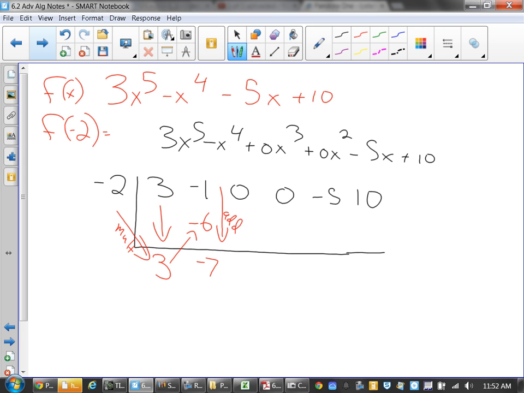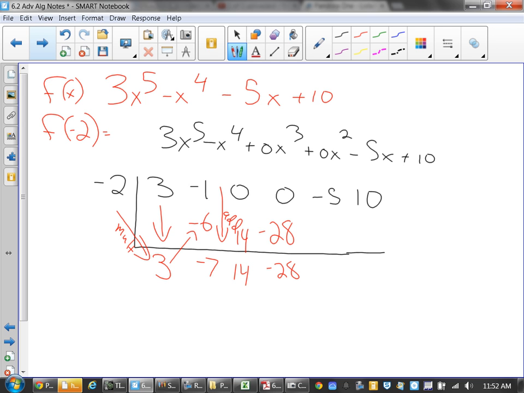What's negative 2 times negative 7? Is it positive? What's 0 plus 14? 14. Double 14, what do you get? Now remember, it's negative. 0 and negative 28.